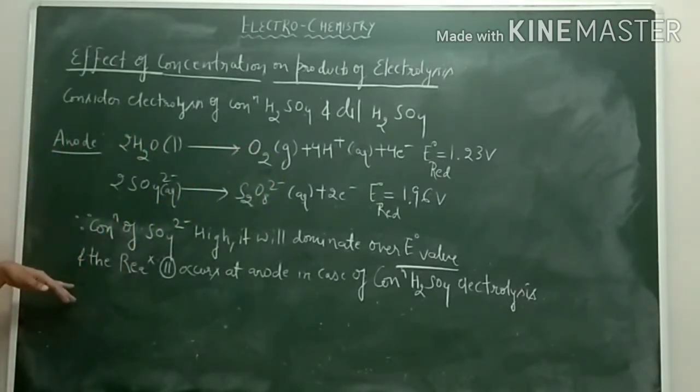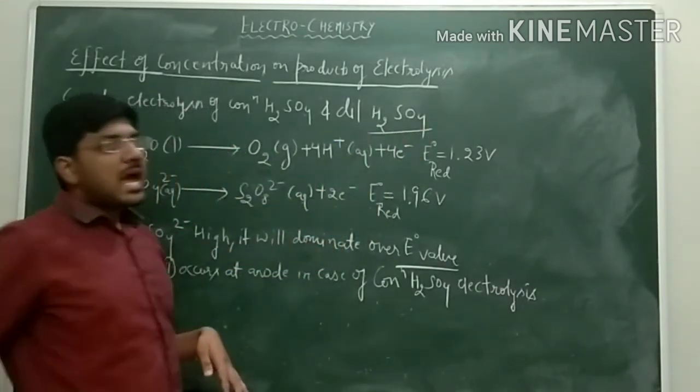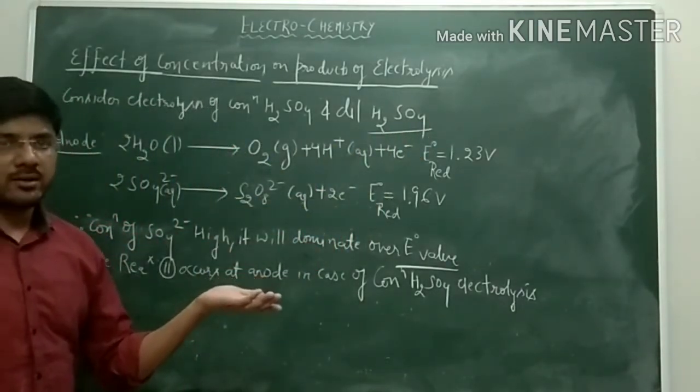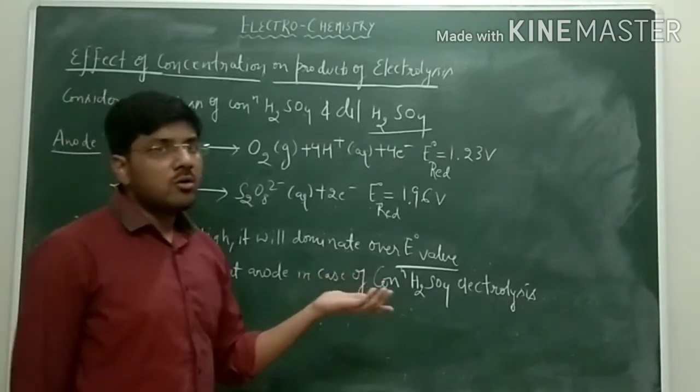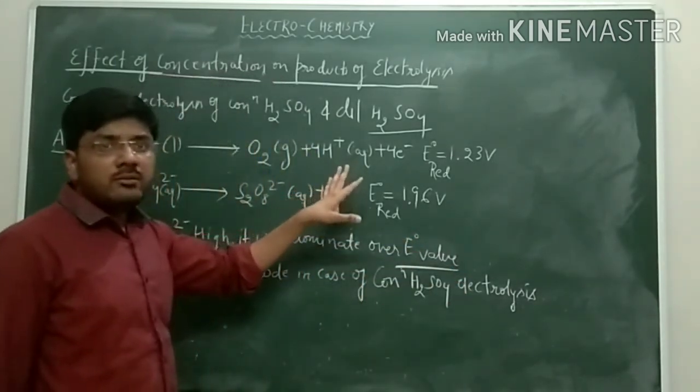Similarly, at the cathode, one point has to be remembered: there is no effect of the concentration of sulfuric acid. The species having the higher reduction electrode potential will undergo reduction at the cathode. So this point has to be remembered very carefully.